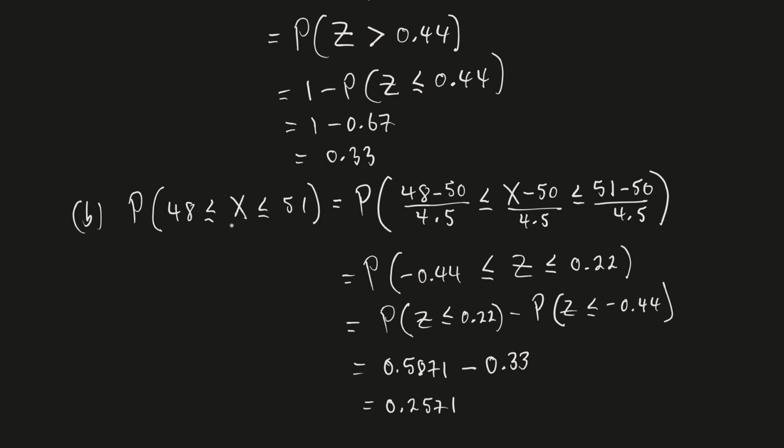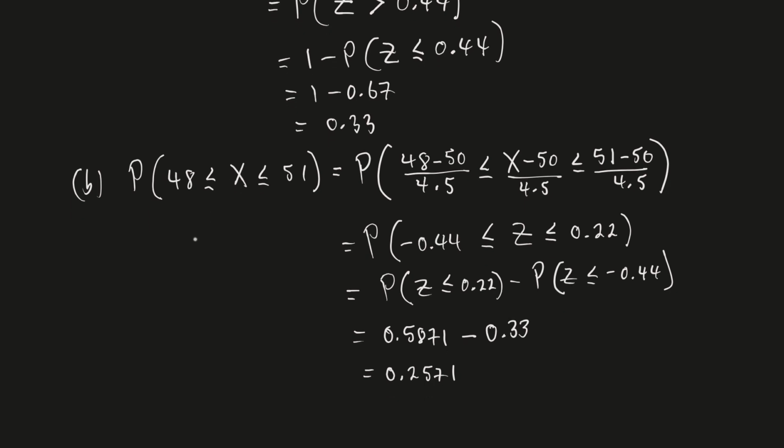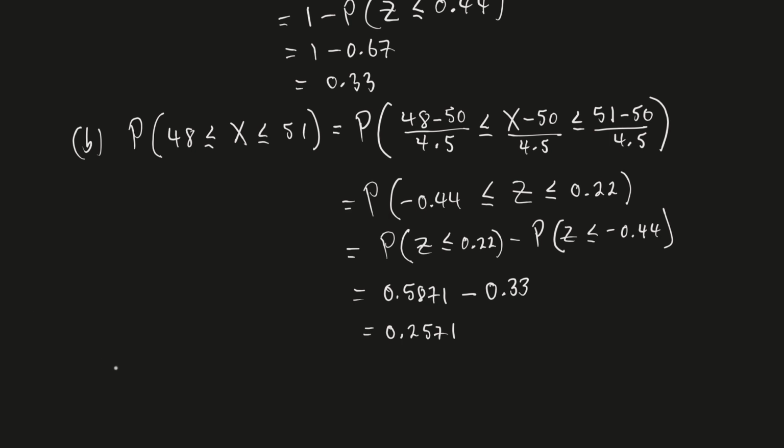Now, let's finish up these examples by looking at percentiles, because that's, again, an important calculation that we've been doing quite a bit of recently. So let's say we wanted to find the 20th percentile of the distribution of x.